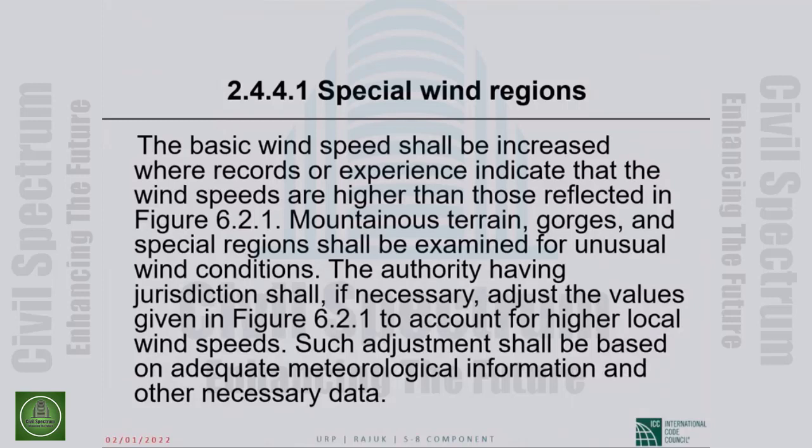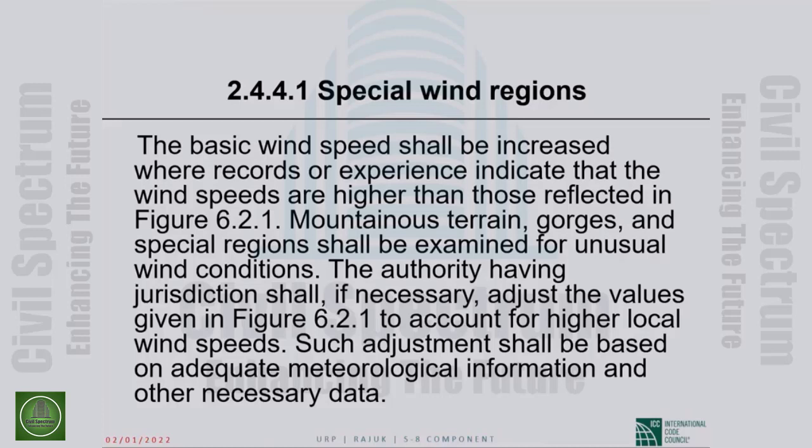The authority having jurisdiction shall, if necessary, adjust the values given in the figure to account for higher local wind speeds. Such adjustment shall be based on adequate meteorological information and other necessary data.